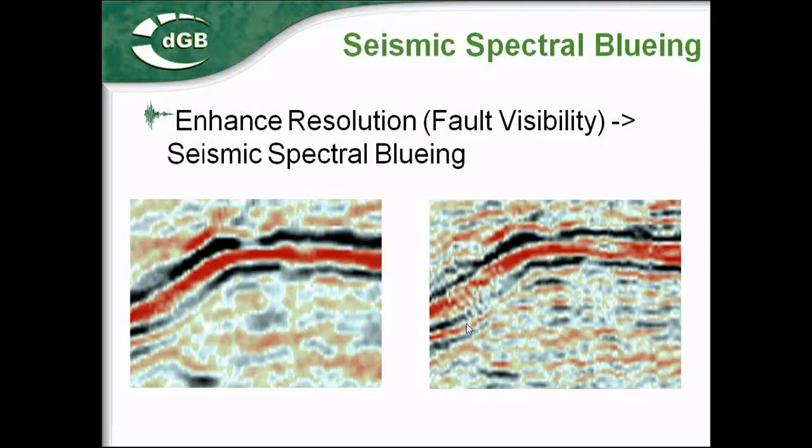And this is the typical result you get with that. This is a reservoir here, and the reservoir has very subtle faulting in it. For example, in this region, this is the before image, this is the after blued image, and you see that the faulting is much more obvious. But for example, here and here, there are also two faults that you pick out much easier on the blued image than on the original data.